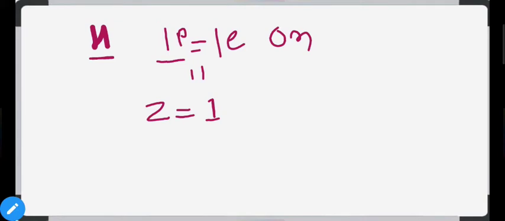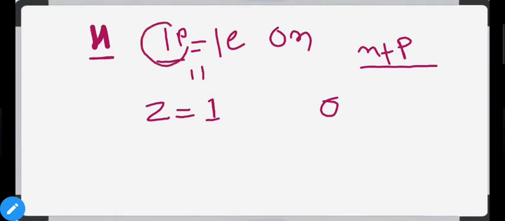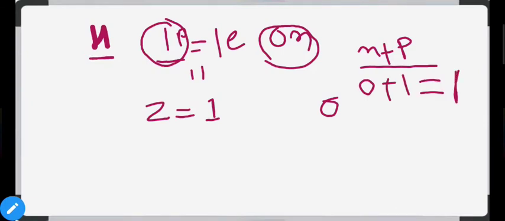Now we want to find the mass of this element. As mentioned earlier, electrons contribute 0 in mass; only neutrons and protons are counted, that means nucleons. So the number of nucleons is 1 plus 0. The number of neutrons is 0 and the number of protons for hydrogen is 1, that's why its mass number is also 1.